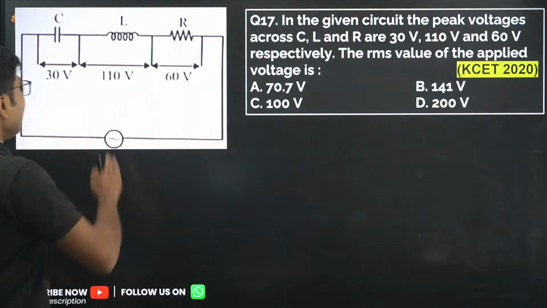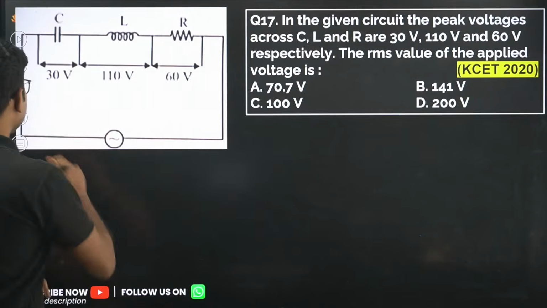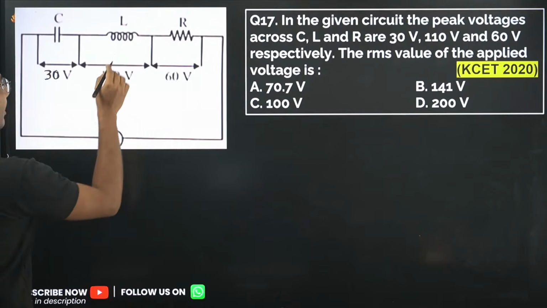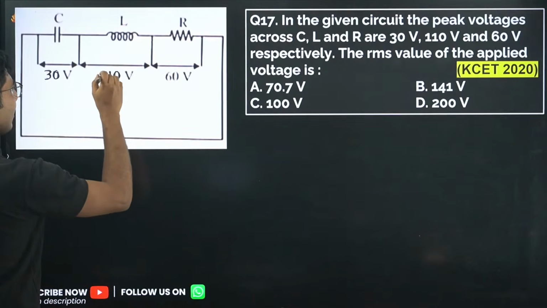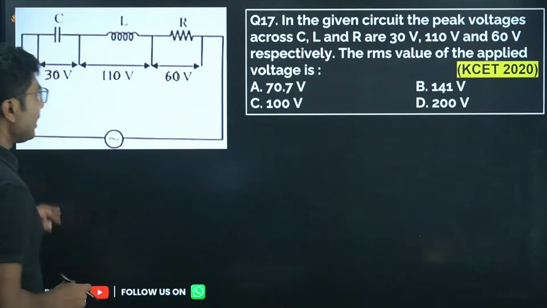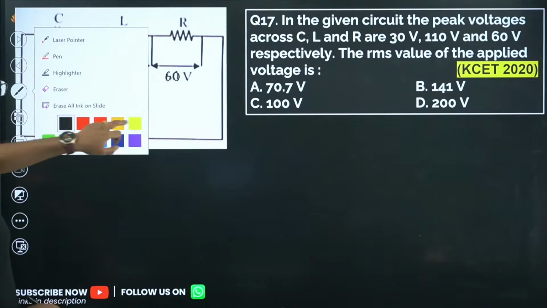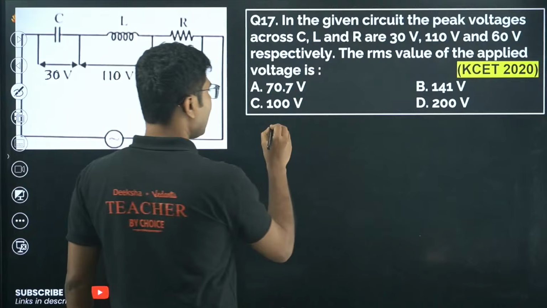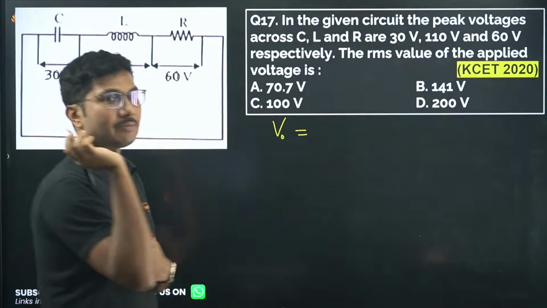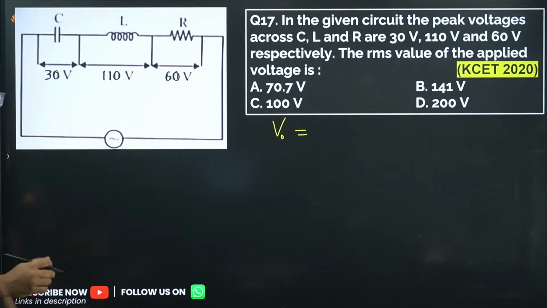First of all, across C it is 30, across L it is 110 and across R it is 60. The first step to solve this question is to find the net voltage, the maximum input voltage of the source.